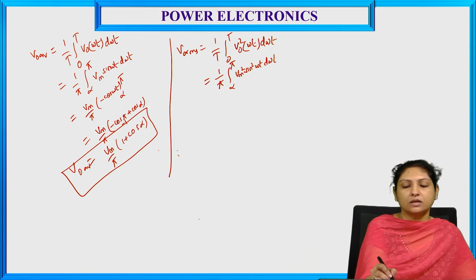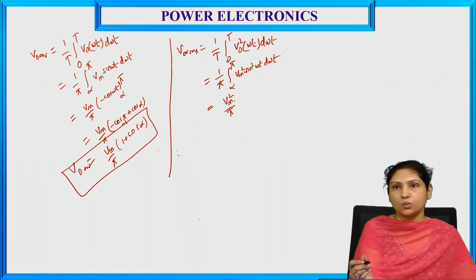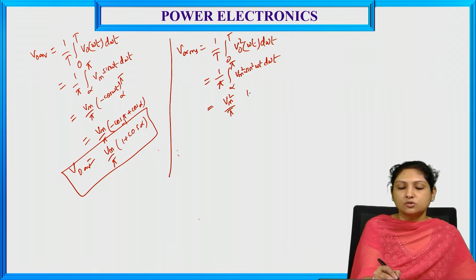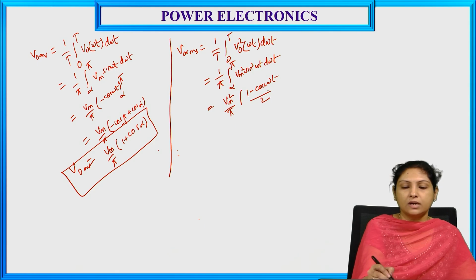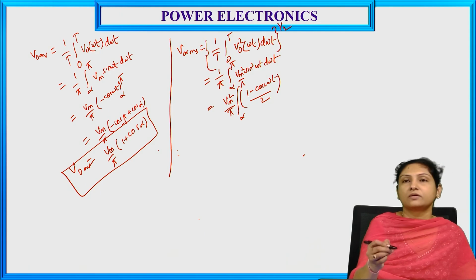Vm square is constant, bringing it out, Vm square by pi, and in order to integrate sine square, we need to write this in terms of 1 minus cos 2 omega t by 2. It is conducting from alpha to pi, and this is whole to the power of 1 by 2, not to forget.